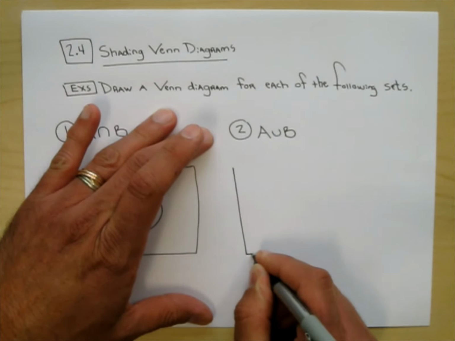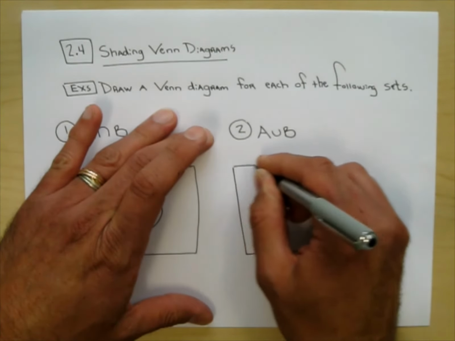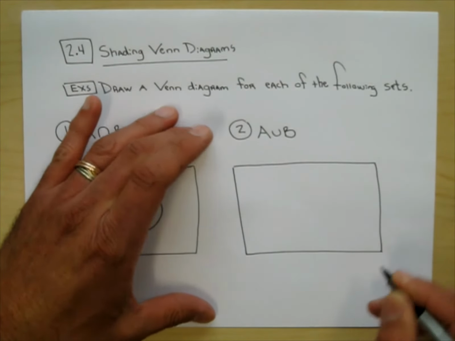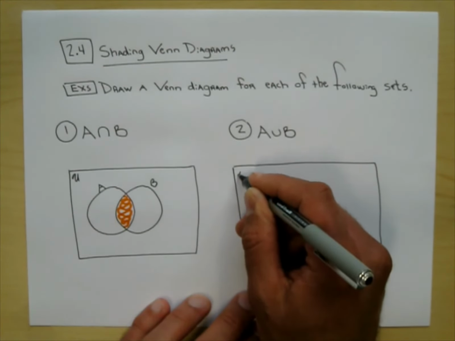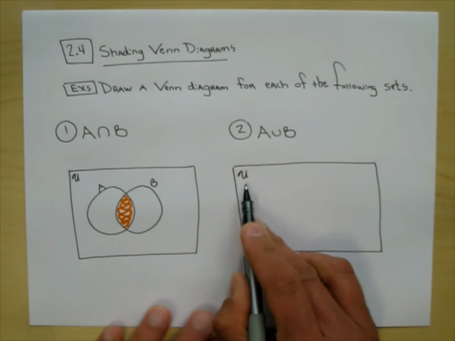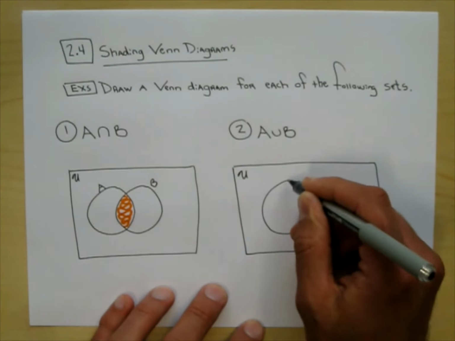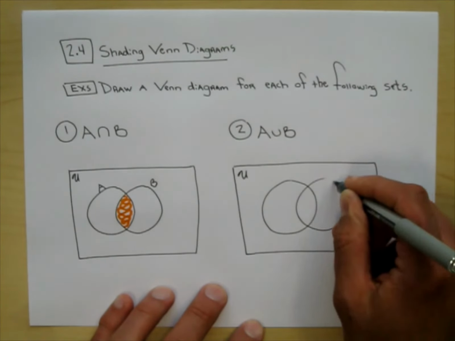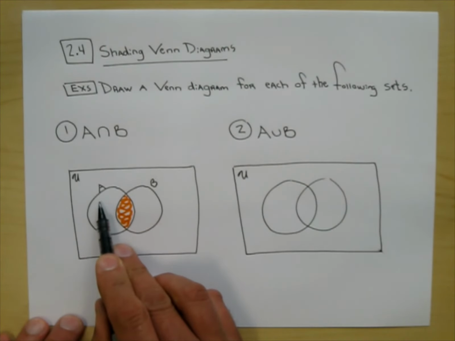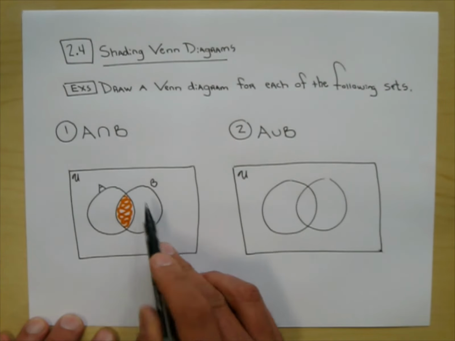Draw a Venn diagram for A union B. So I'm going to do the same thing. Here's the universal set. I know that looks like a crazy script U. And I'm going to draw 2 circles. And by the way, you can put letter A inside the circle and B inside the circle if you'd like.